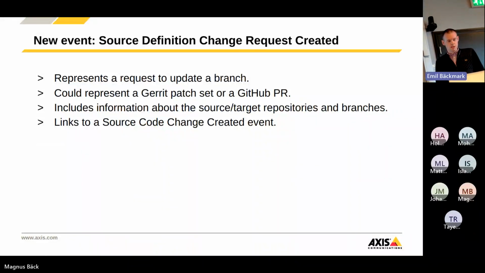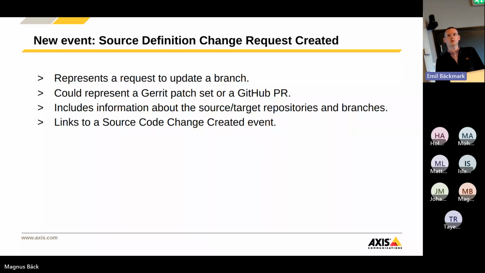The second one is source definition change request created. You might think that this is the longest event type name, but it isn't. But it's still pretty long, and I would happily change it to something shorter. And this represents a request to update a branch. So this is your pull request. This is your Gerrit change. It includes information about the source and target repositories and branches. So in the Gerrit case, you would have the same source and target repository, but you would have different source and target branches.